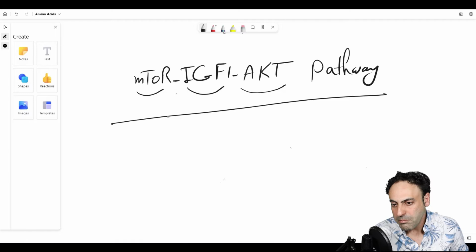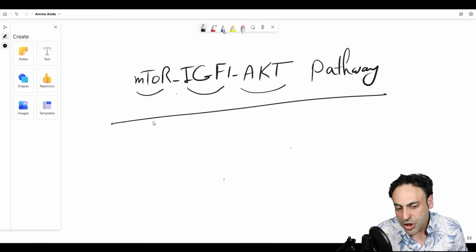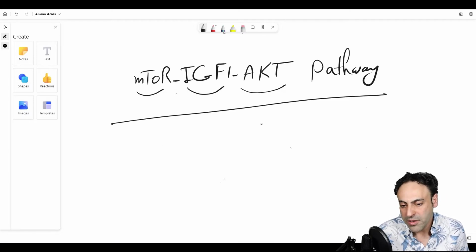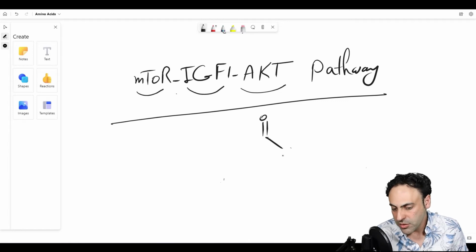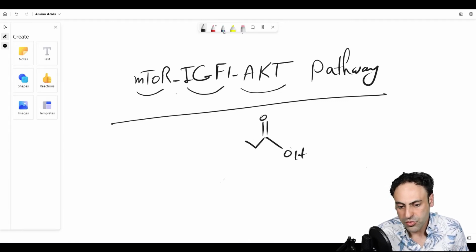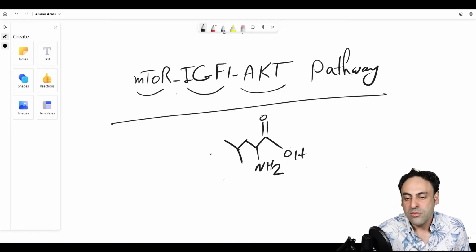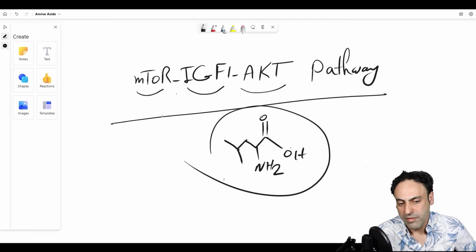This pathway shows the importance of the molecule that we learned how to draw the structure of, which is leucine. Let me just draw the structure again. And here is the main important thing we understand.